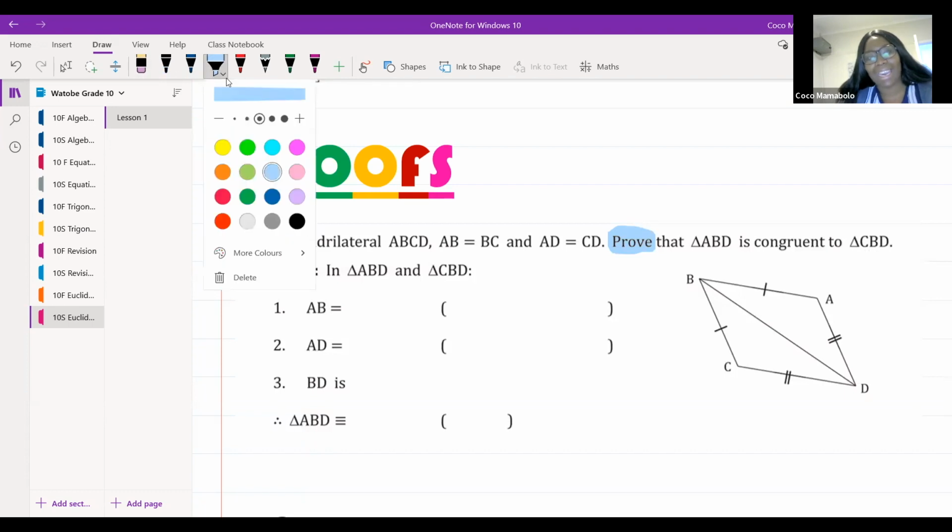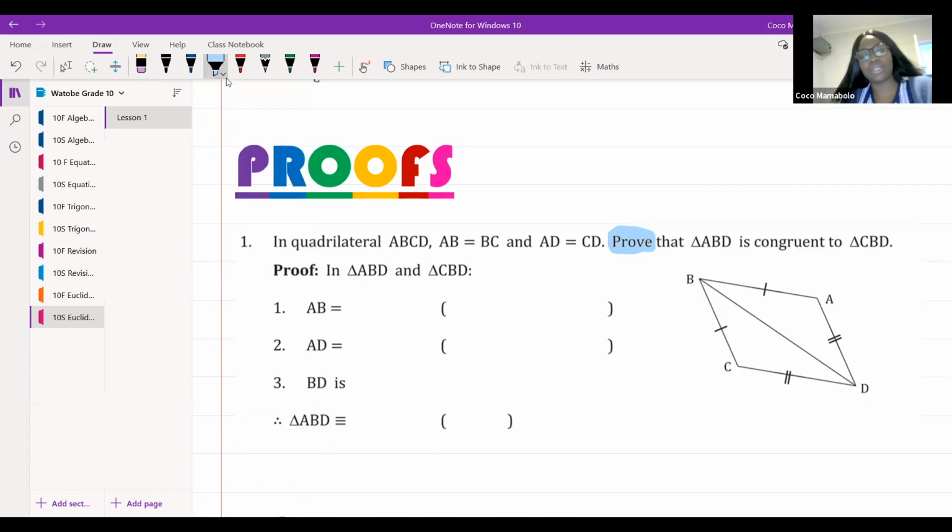Now I'm going to grab my highlighter and I'm going to do this. If I highlight AB, the first 2 letters in this triangle, they must correspond to the first two letters in my other triangle. So they must correspond to CB or BC. It won't matter, but in this case, I want it specifically to be CB because they've given it to us as CB.